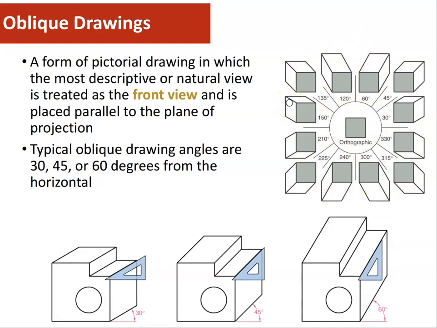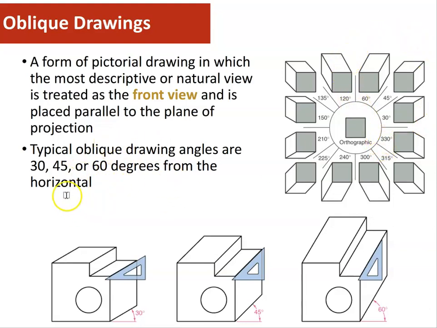So how is it different from isometric? In isometric, you have that axis where the angle is 120 degrees between each axis, right? But for oblique, it is typically 30 degrees or 45 degrees or 60 degrees. It can be other angles as well, but these are the most common angles used for oblique drawings.